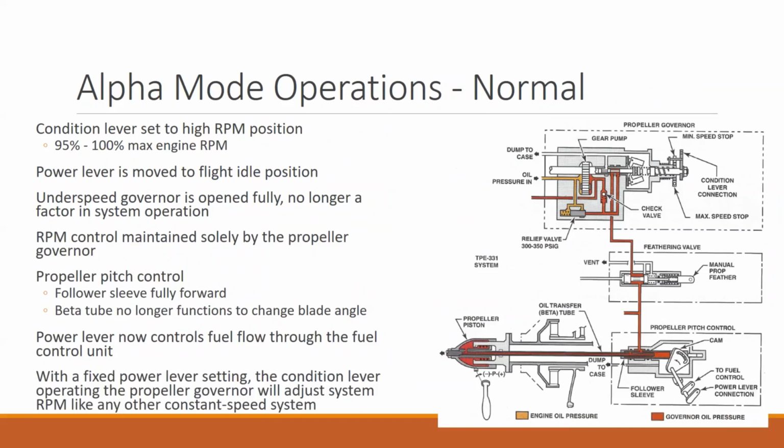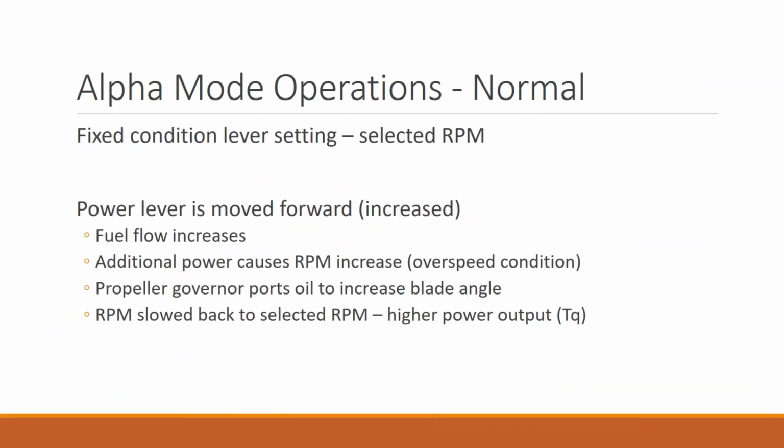That's going to allow now oil to come back up through, and when this pilot valve moves to the right, oil can travel through here and back to the case. Okay? And that's going to, the flyweights then are going to drive our prop to increase blade angle. So the prop governor ports oil back to the case, back to the sump, which allows the flyweights and the spring to increase the blade angle.